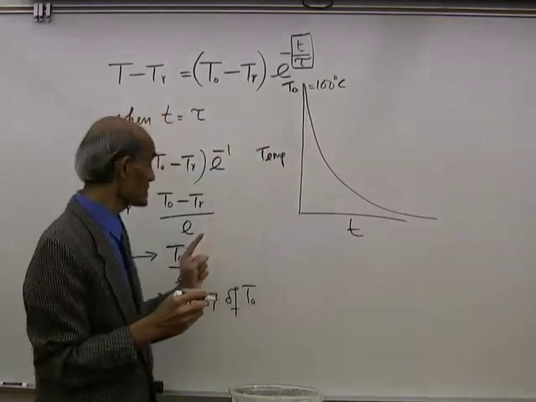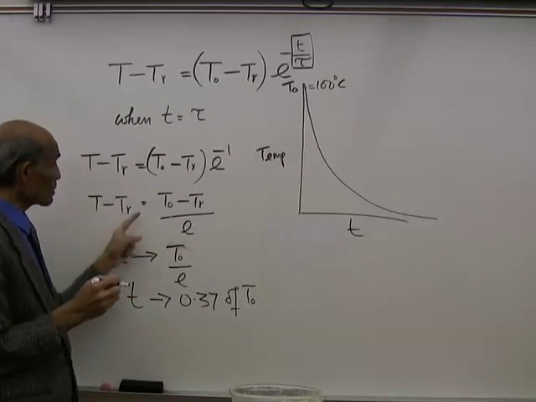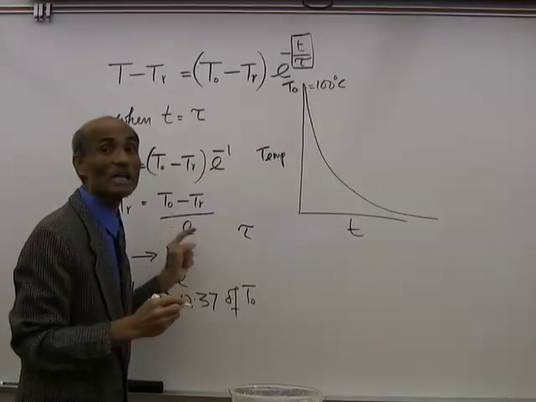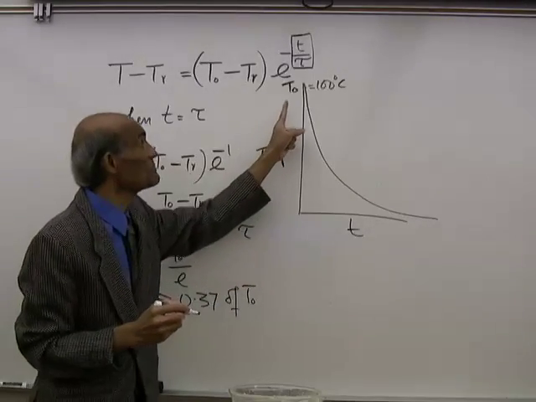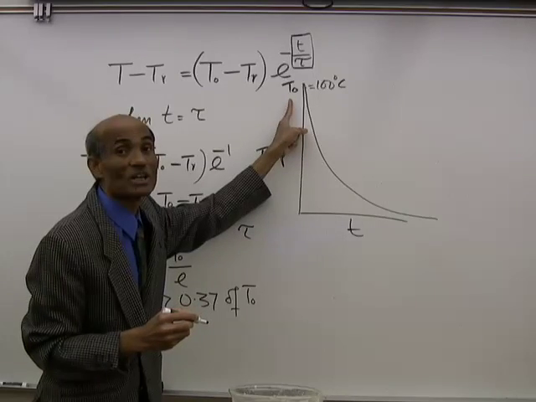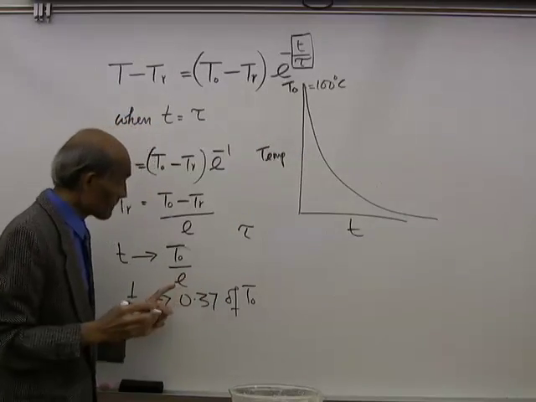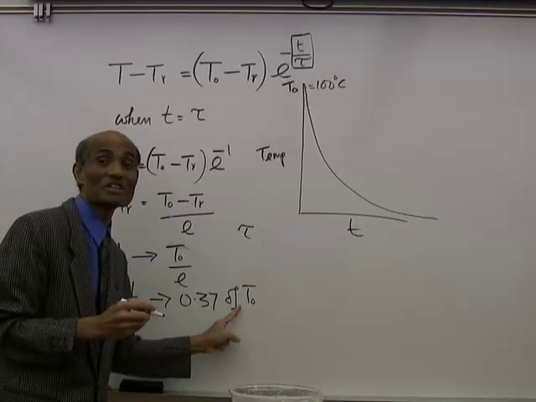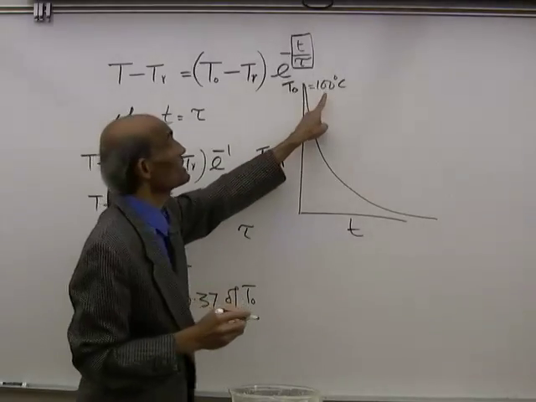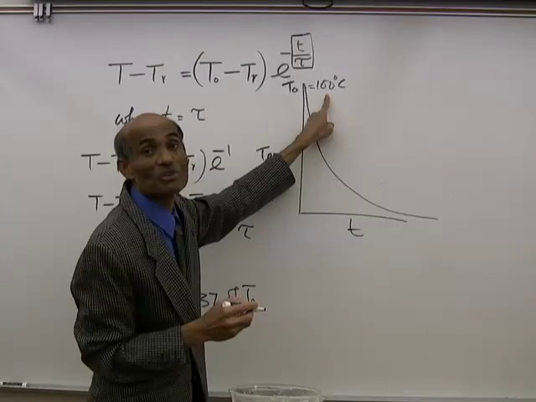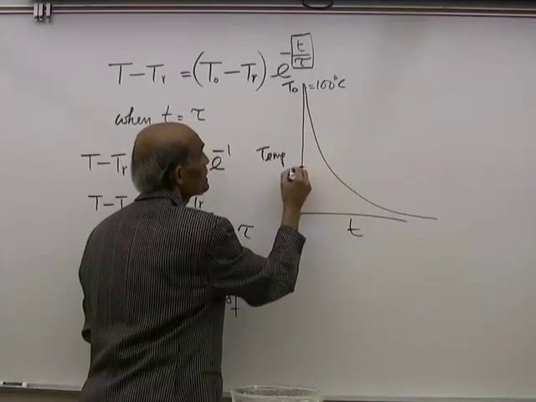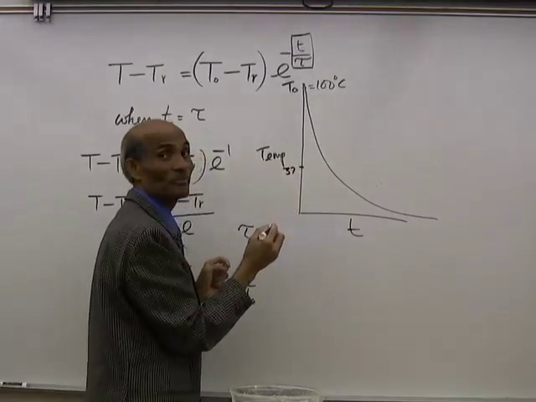The time constant tau is defined as the time taken for this temperature to fall by 0.37 of that T0. Now, 0.37 of 100 is 37. And suppose this is 37 degrees Celsius.